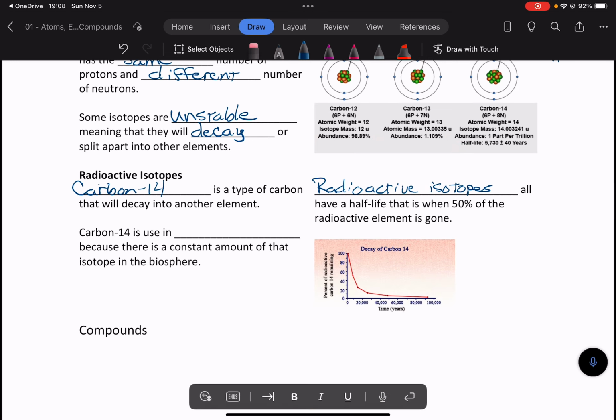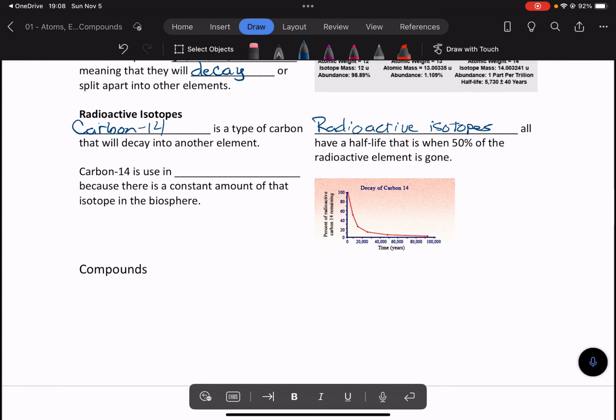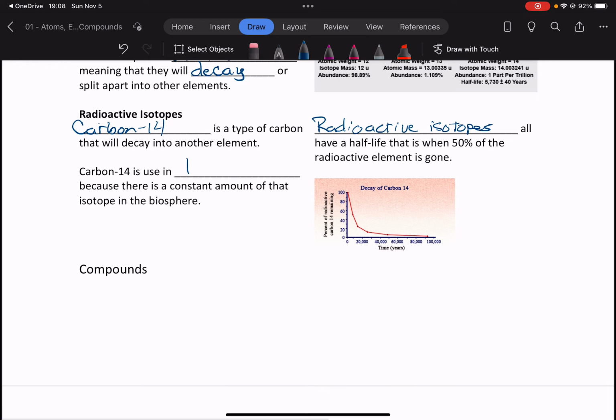This is probably the most common one: carbon-14 is used in dating. When we want to date something that's man-made, we look at how much carbon-14 was in it, because it's not changing the amount that's in there.